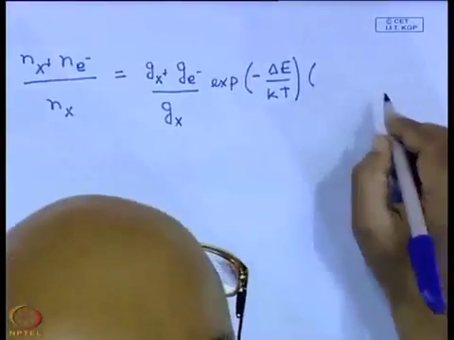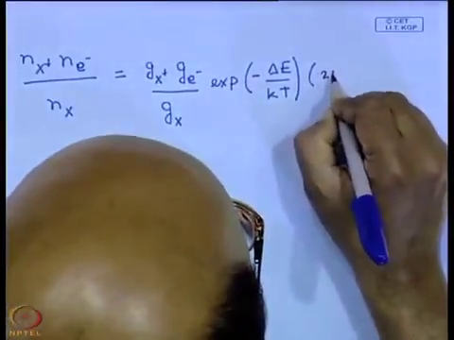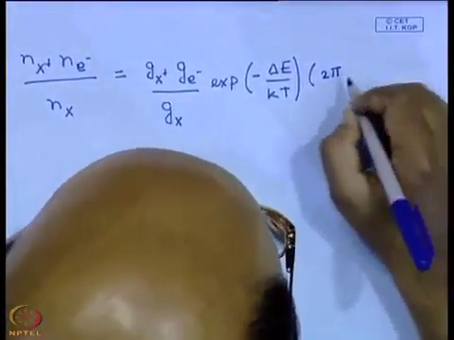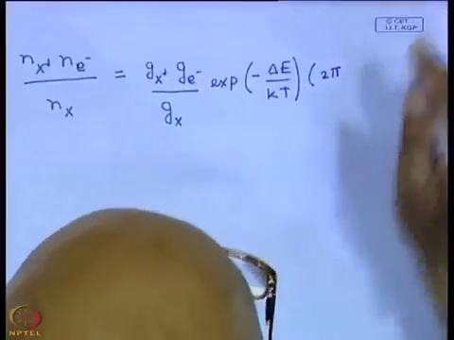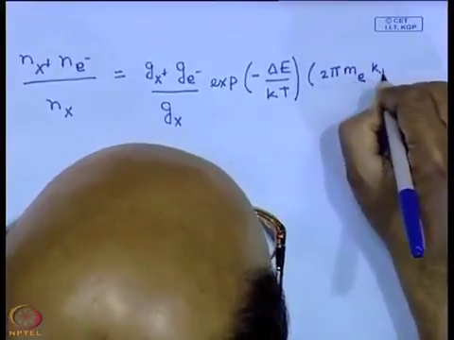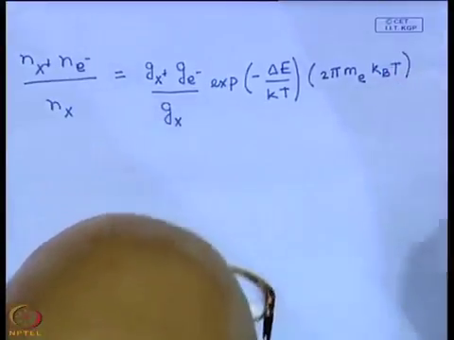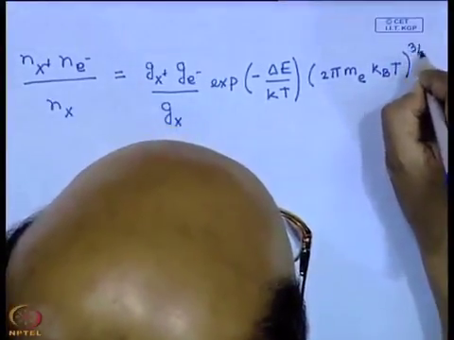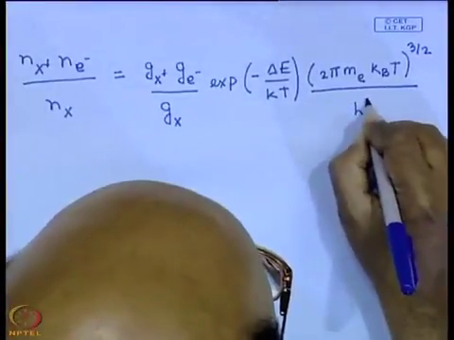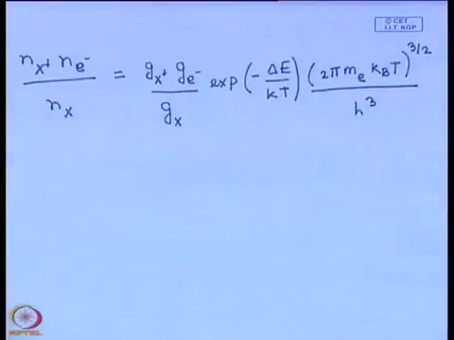So, we have this factor (2 pi m_e k_B T) to the power 3 by 2, by h cube. This is the Saha ionization equation. It plays a very important role in astrophysics in a variety of situations.